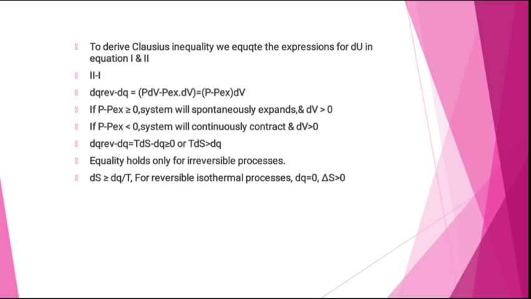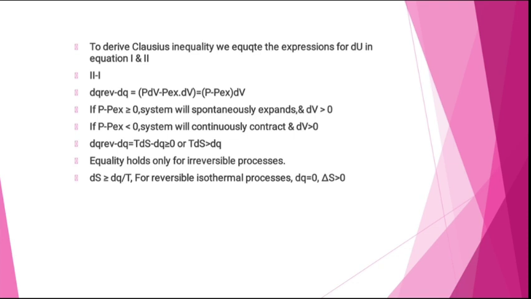Suppose P minus P external, or the difference in pressure, is greater than or equal to 0. The system will spontaneously expand and the change in volume is greater than 0.